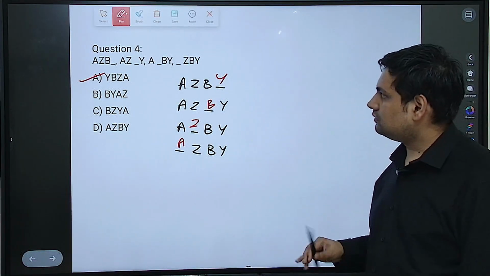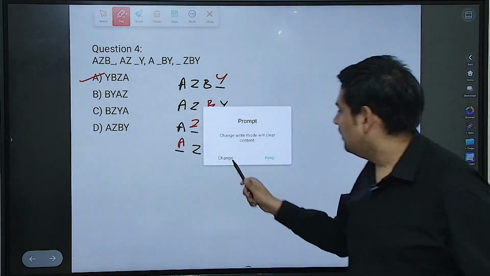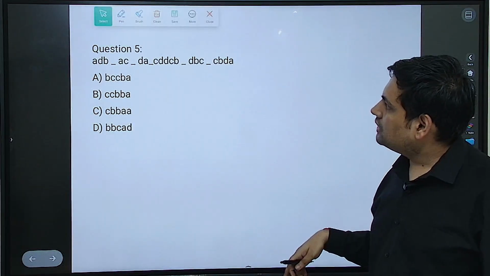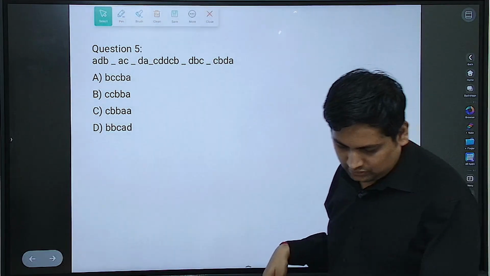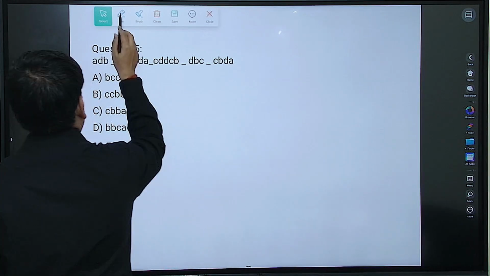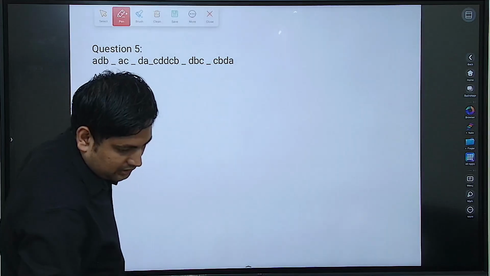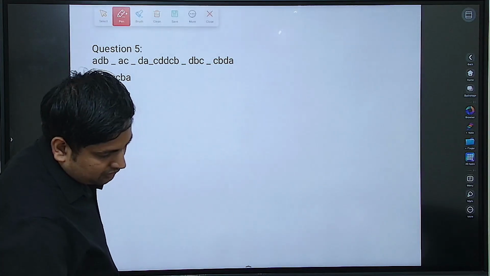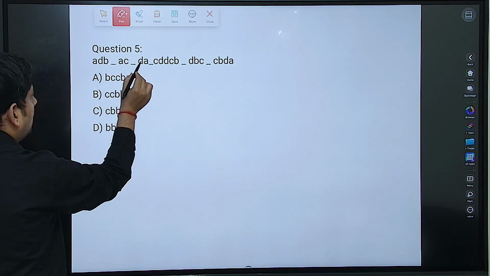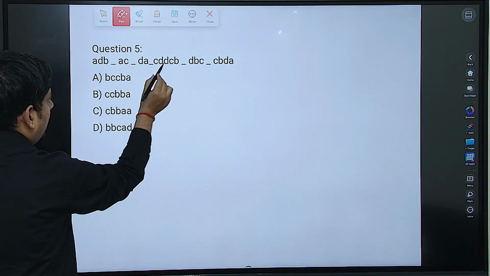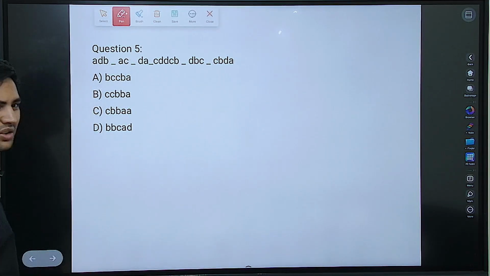Now, let's do another one. Yeah, let's try this. Now, how many letters are there here? Now, 4, then 4, 8, then 4, 12, then 16, then 20 and last 24.